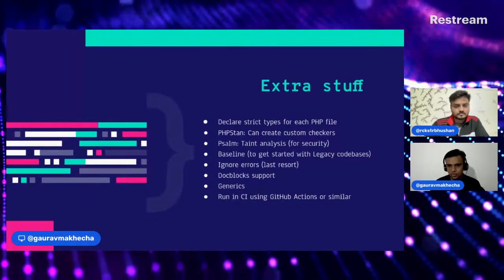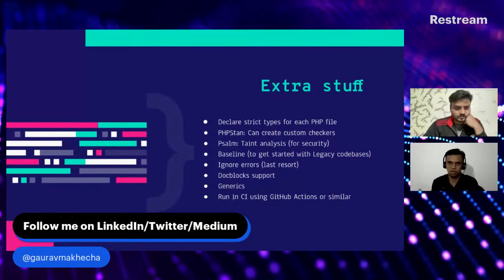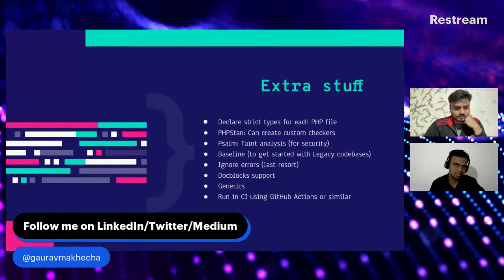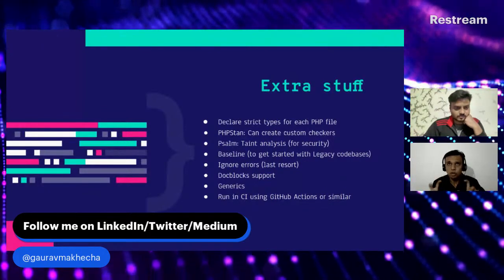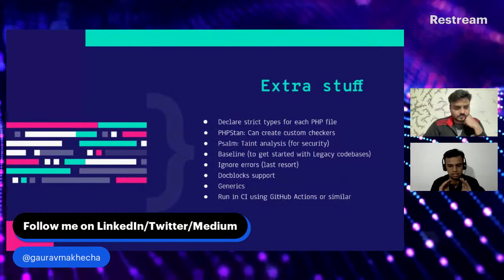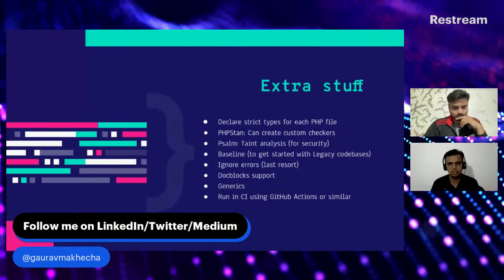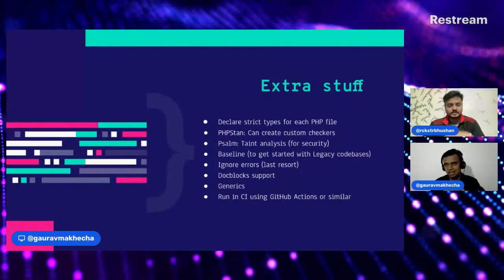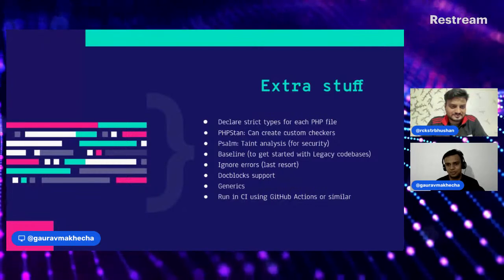You can use generics where the types are dynamic but follow a pattern, let's say an interface. It gives you the auto completion benefit even if you don't have those doc types for specific models, and it's like the next stage of static analysis and also code completion.